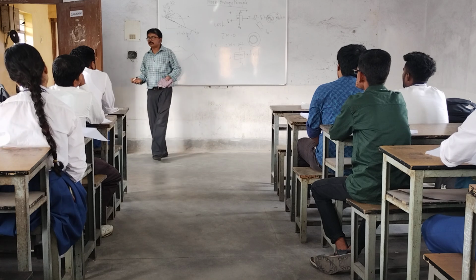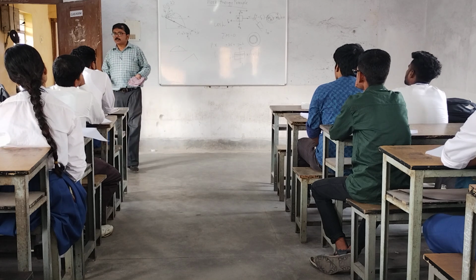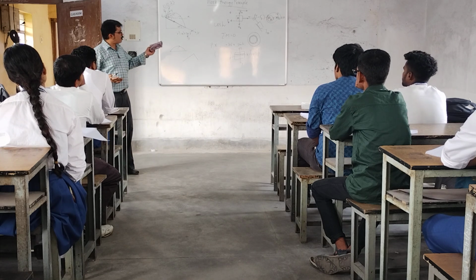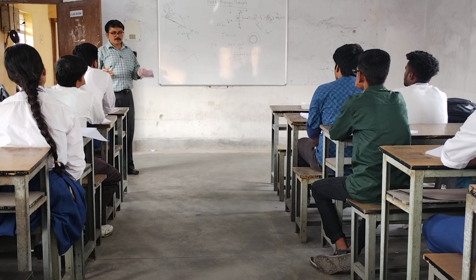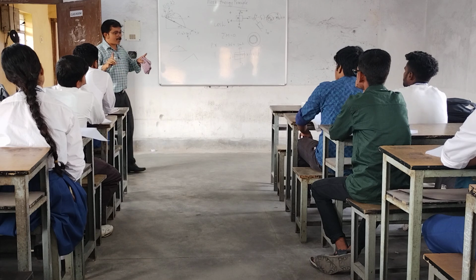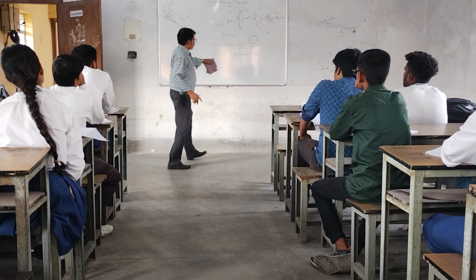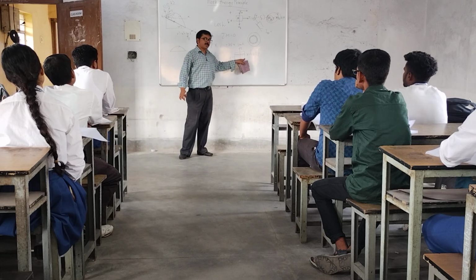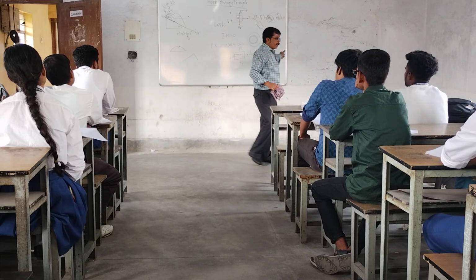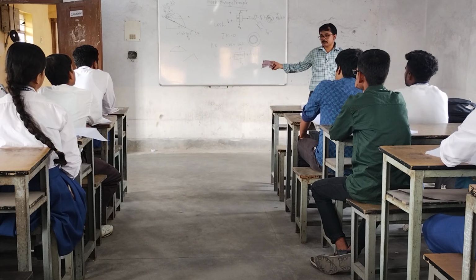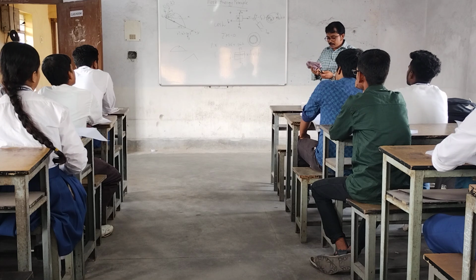Then what are you doing? What is Ixx called? Moment of inertia of a lamina. Lamina means its width and length, two dimensions, are much larger compared to the third dimension. Thickness is very small compared to the length and breadth. So that's why it's called a lamina.